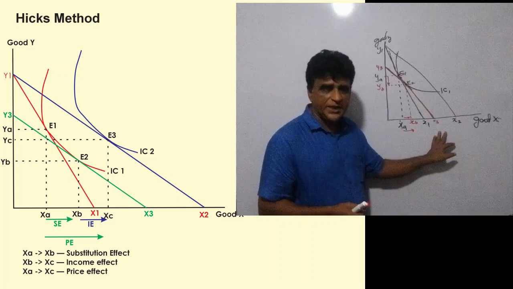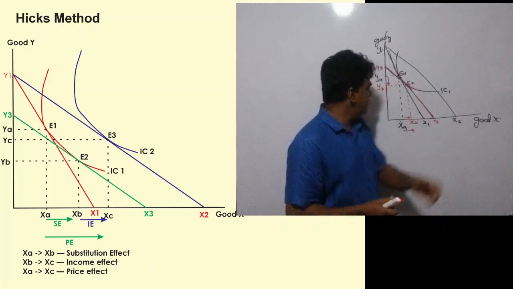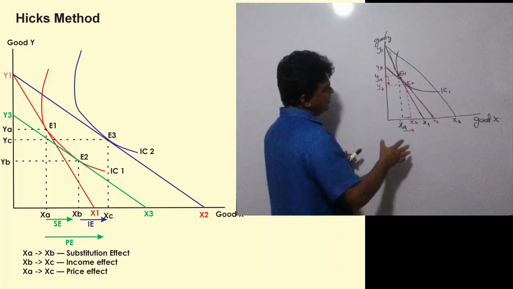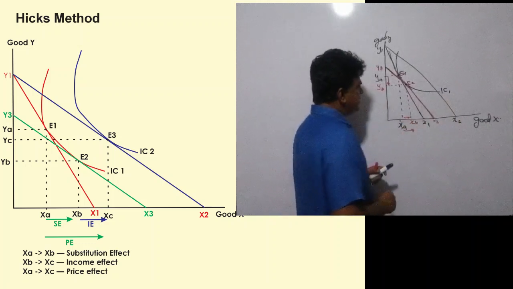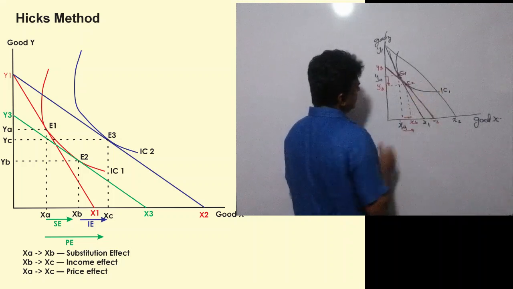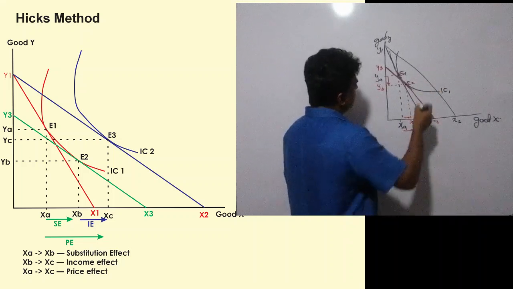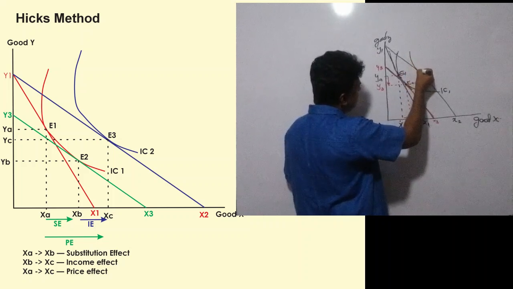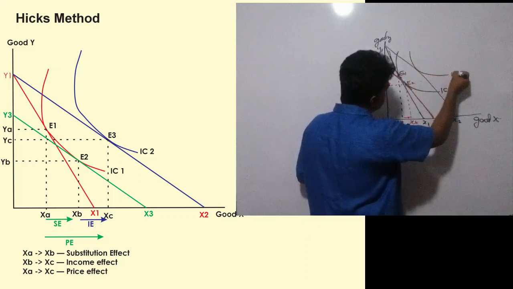This is the substitution effect explained by Hicks. Then what is the income effect? To understand the income effect, we'll go for another indifference curve, that is IC2.